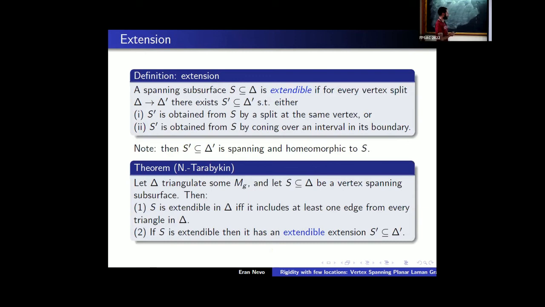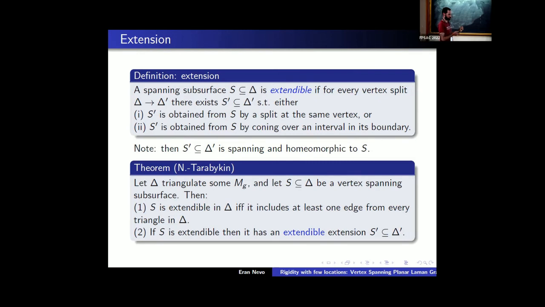Okay, so here's the main theorem, this extension theorem. So let delta be a triangulation of the surface of genus g, and consider a vertex spanning subsurface in it. Suppose we already found one. Then this subsurface is extendable, when we do this vertex split, if and only if it includes at least one edge from every triangle in delta.